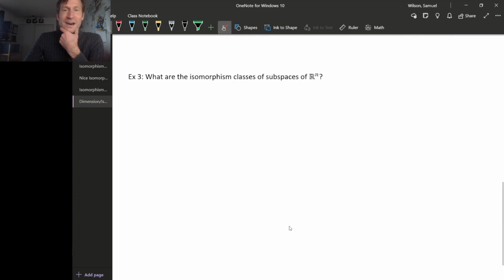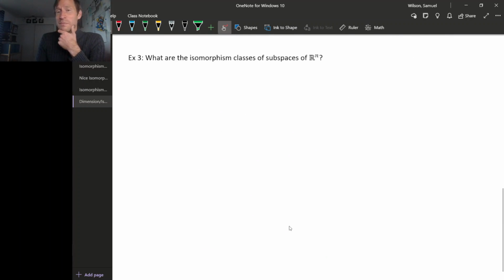Last example, what are the isomorphism classes of subspaces of Rn? So what I'm asking here is what isomorphism classes of vector spaces will fit inside of Rn? Well, what is the dimension of Rn?